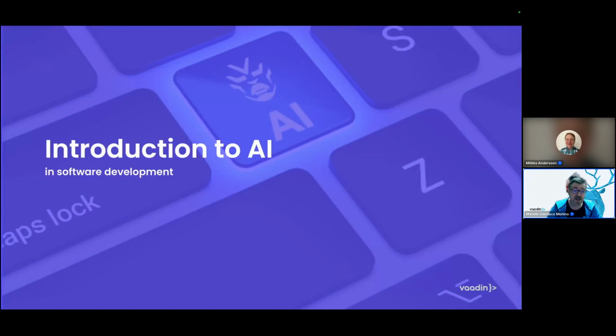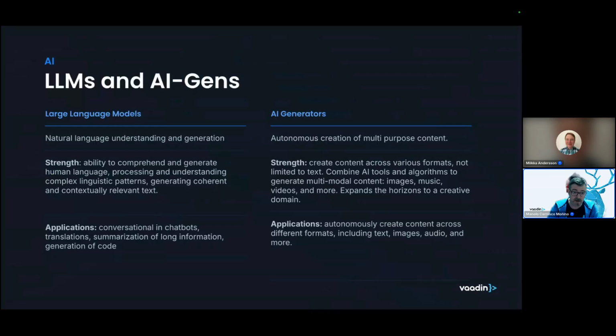Because AI is changing the world today, and obviously also in the coding field. To make it very simple, we can say that there are two main AI technologies or types. We have large language models, or LLMs, and AI generators.